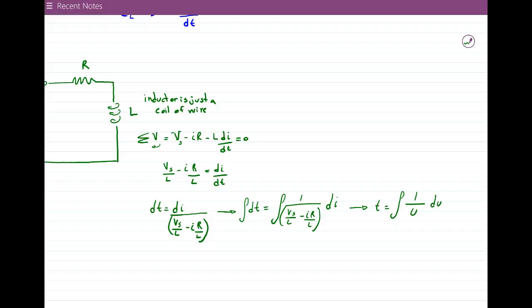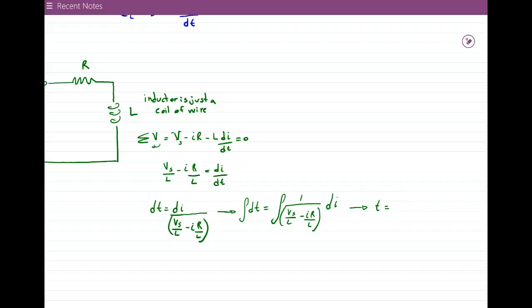Only this part will remain. Now, if I rewrite this, I'll have t is equal to negative L over R integral du over u.